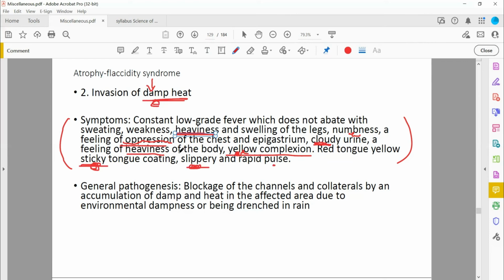Okay, so we found many manifestations of dampness. Now let's take a look at the heat. Which ones? The fever, low-grade fever.